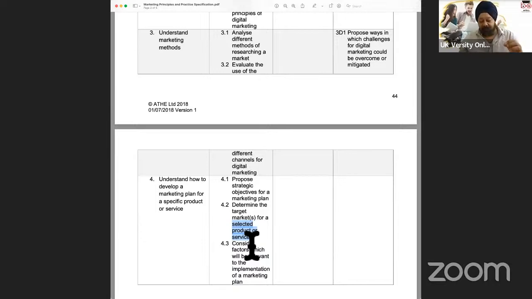For example, if Unilever looks at marketing Dove soap, that is a particular product. If BMW brings out a new series like the i8, which is an electric vehicle, then it is a specific product.